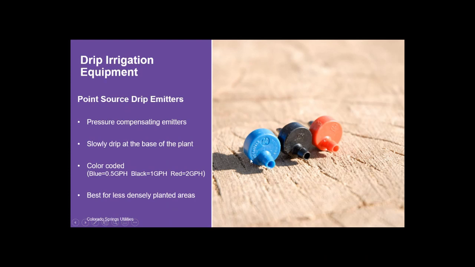If you have a low water need plant, you can put a 1/2 gallon emitter on that plant. But on the same zone, you might have a shrub that requires 2 gallons per hour. So you can put a red emitter producing 2 gallons per hour on that shrub, which might have a little bit higher water need than a very low water needing plant.